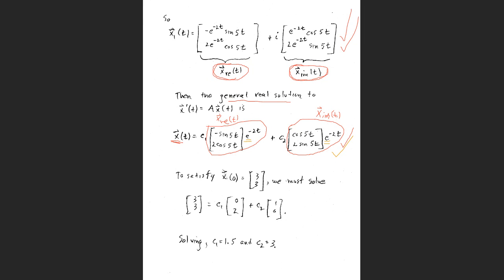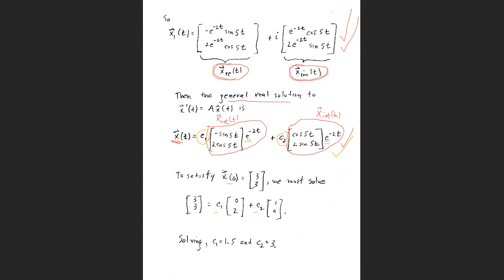So we do have an initial value, and when we have an initial value, we can solve for the constants, the coefficients there, just like you did in calculus 2. So if we have 3, 3, the vector 3, 3 equals c1 times the vector 0, 2 plus c2 times 1, 0.